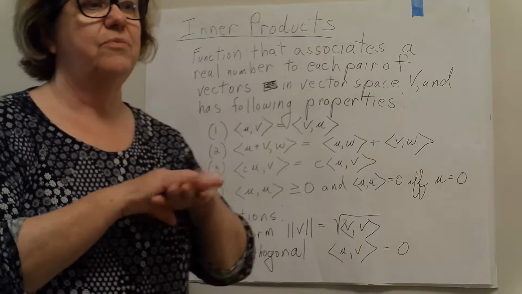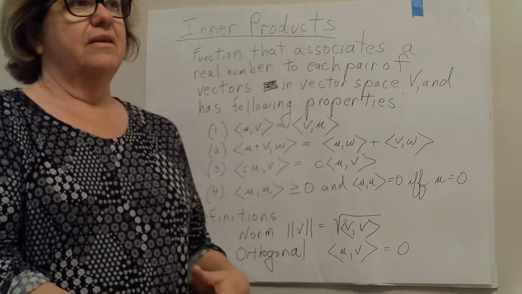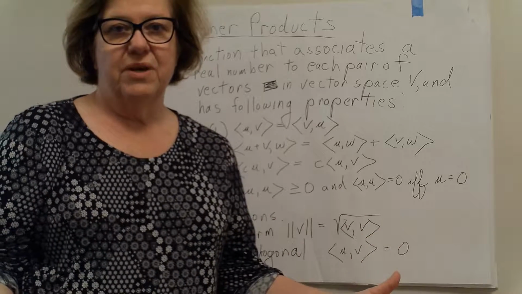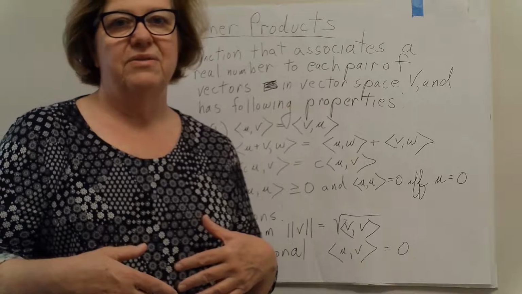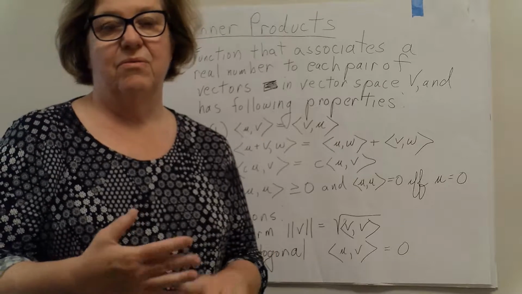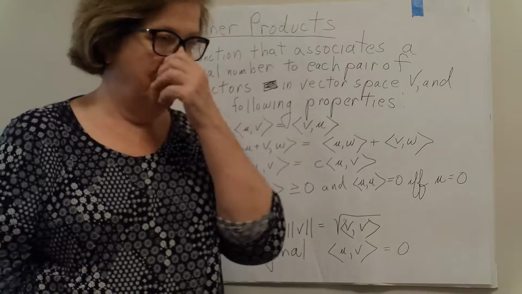Okay, and then we generalize vector spaces. We said, what if we have other objects that have the same properties? Then we can call them vector spaces. And we found vector spaces that consist of polynomials or functions or matrices.